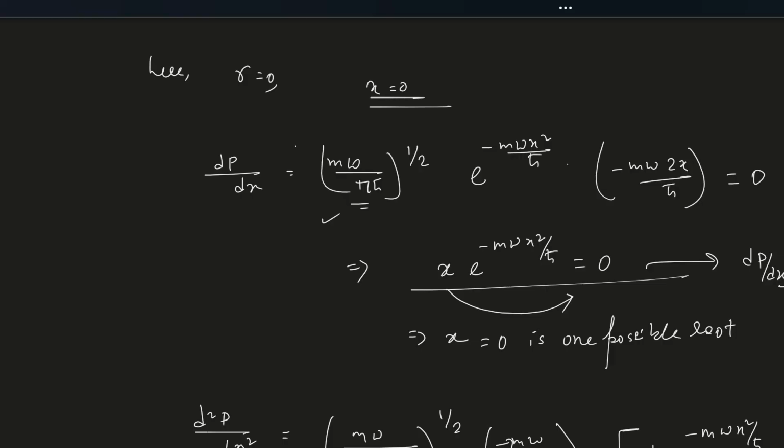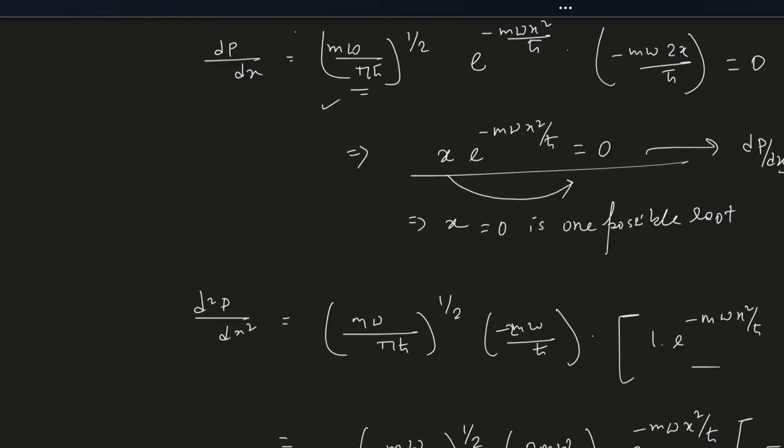You take this minus sign within and take the common term out. This is minus e to the power of minus m omega x squared by h cut. The first term is minus 1 because you take this minus 1 in, and the second term already has a minus, so minus and minus makes it plus. So this is 2 m omega by h cut x squared, with this common term taken out.